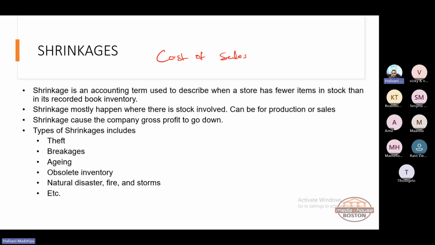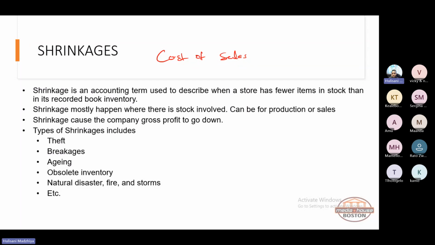And when inventory is not sold, cost of sales can also be generated, because once you have got inventory and that inventory does not get sold, or you actually lose that inventory, then we include it in cost of sales, as if we sold that inventory. When we write it off, we include it in our cost of sales and say that our cost of sales has gone up because we can no longer find that inventory.